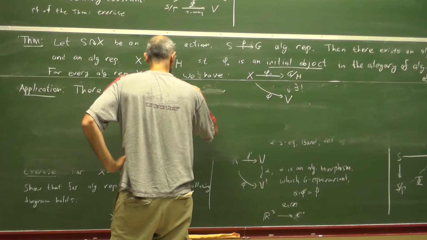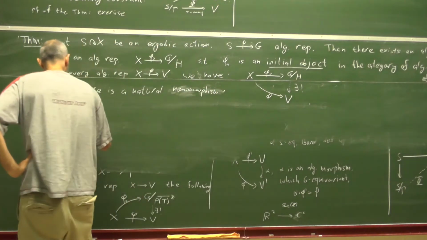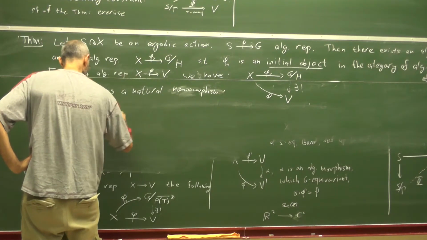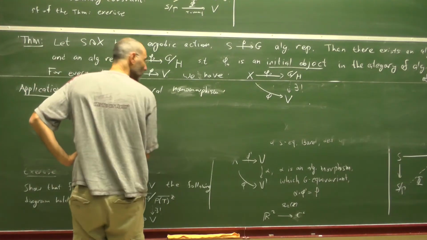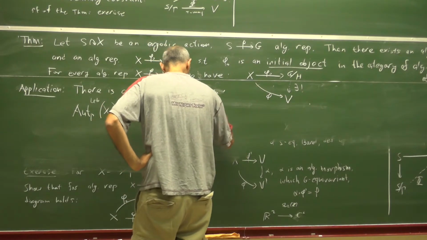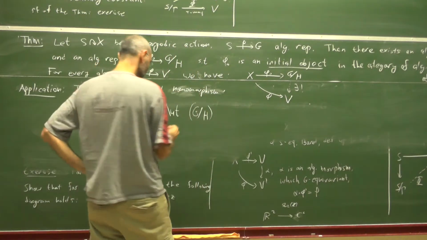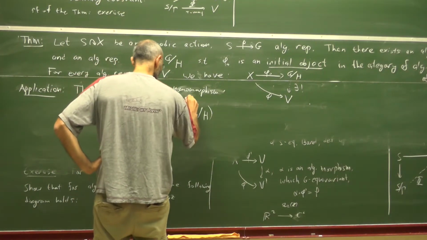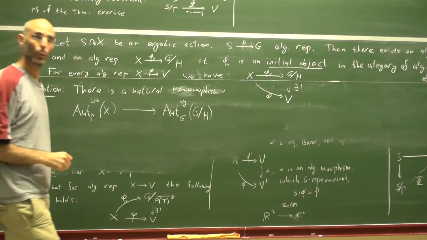homomorphism of groups from the automorphisms, the gamma automorphisms of X over the base space, to the automorphisms of G mod H for this specific H as a G space, the algebraic automorphisms, which we've discussed.